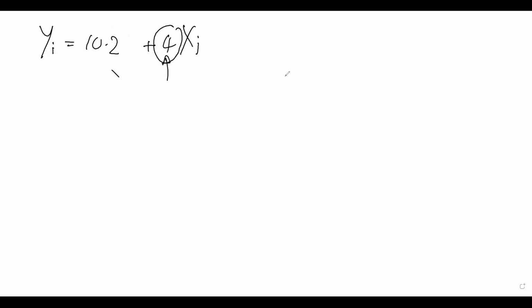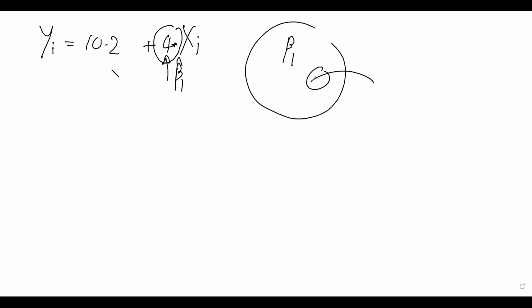So for that, what should you check? Xi is xi. This depends on the sample. So this is basically beta 1 hat, right? So we are checking whether in real terms, population has beta 1, sample has beta 1 hat, right? So we are checking whether beta 1 exists in real terms.